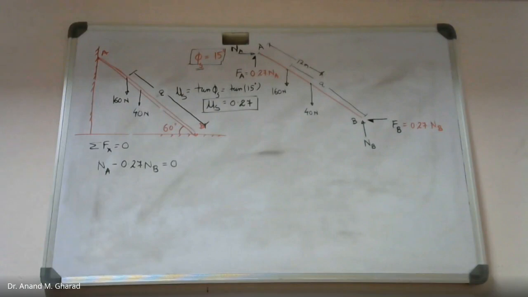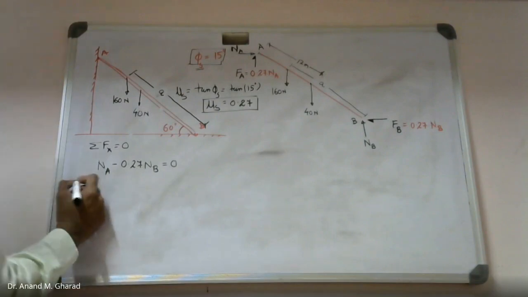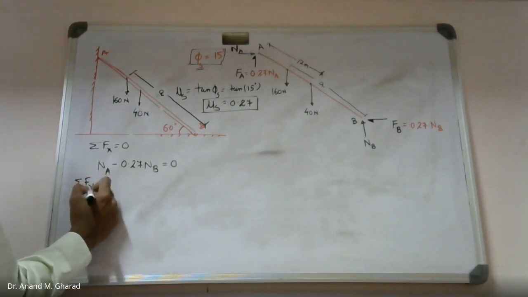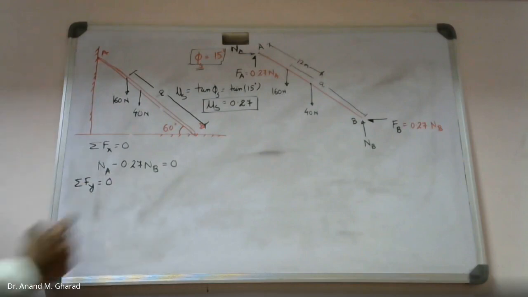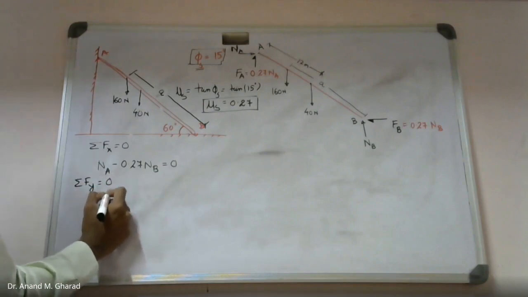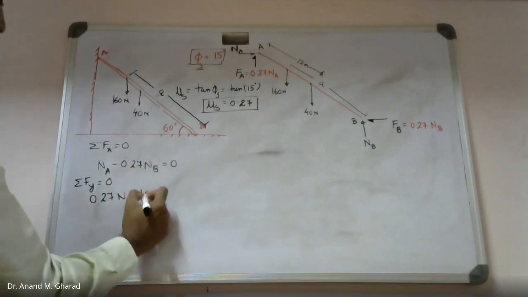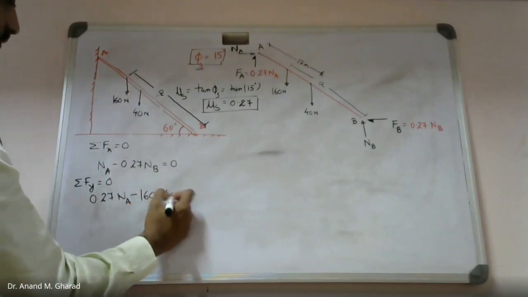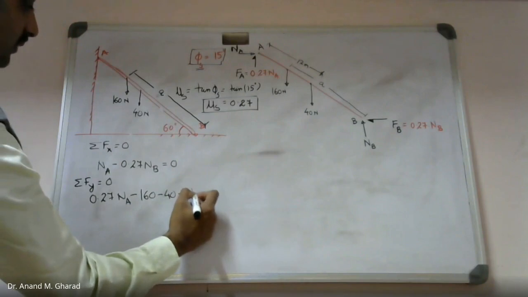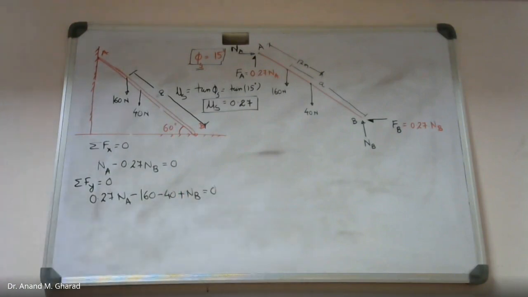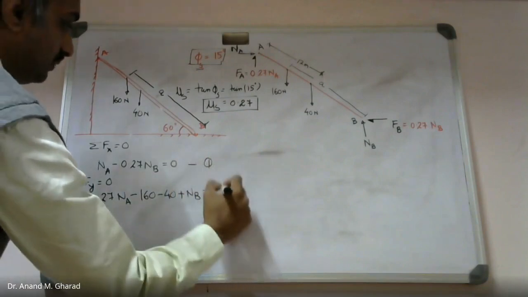Is it okay? Yes. Summation of forces in y direction equal to 0. So 0.27 times NA, this is positive, minus 160 minus 40 plus NB equal to 0. This is equation 1, equation 2.